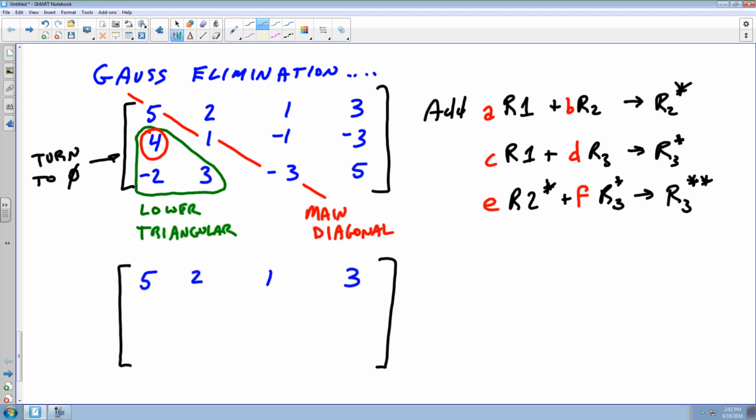So how can I add a combination of row 1 and row 2 to turn it into a 0? If I multiply the bottom row by 2, I get 8. How could I add that to the top row? You have to use a combination of row 1 and row 2.